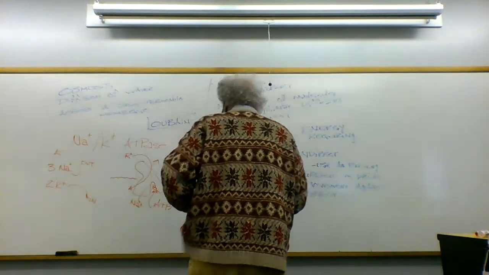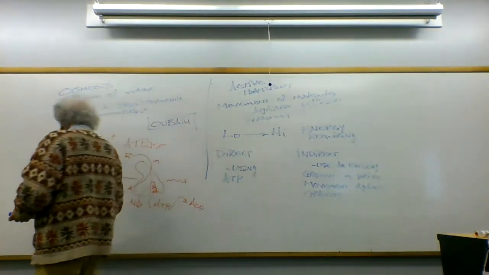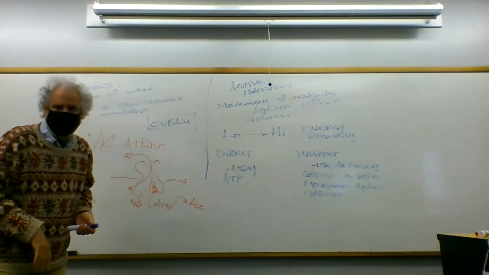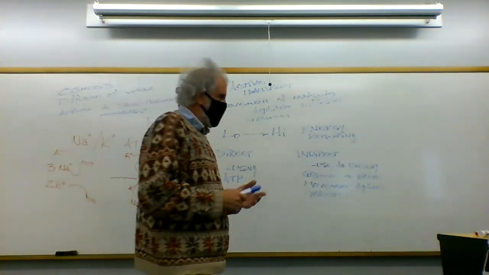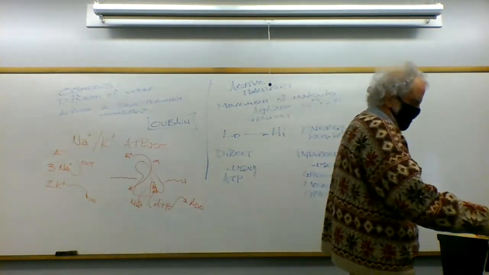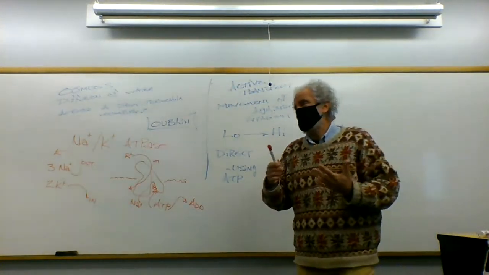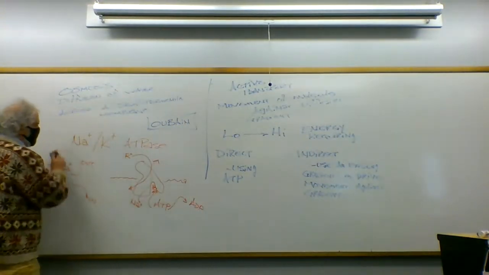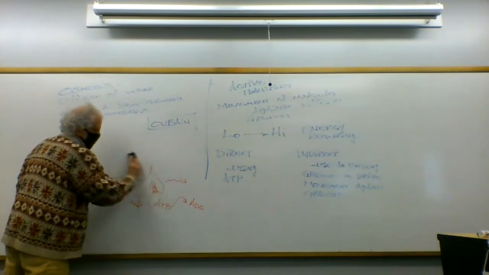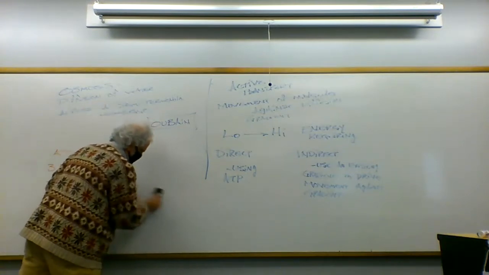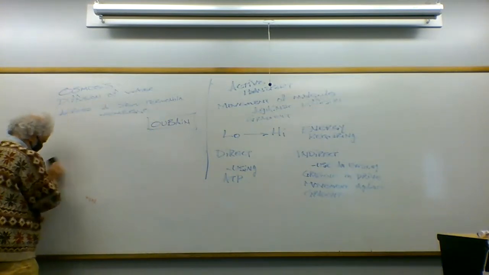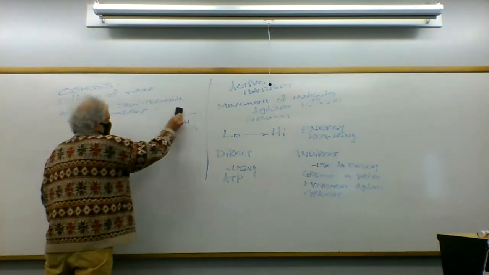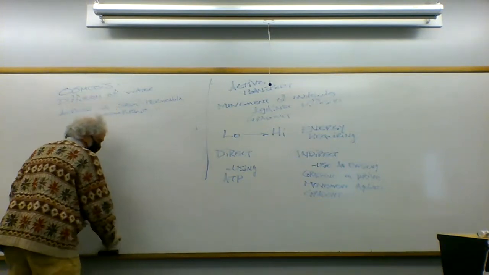Let's see, where do I have room on my whiteboard here? We can subdivide diffusion, or the passive transport, in the following way. This is a good way to keep this side of the transport system in mind.